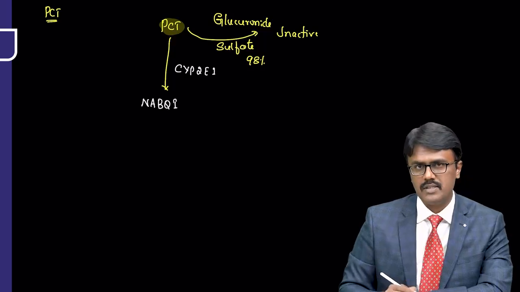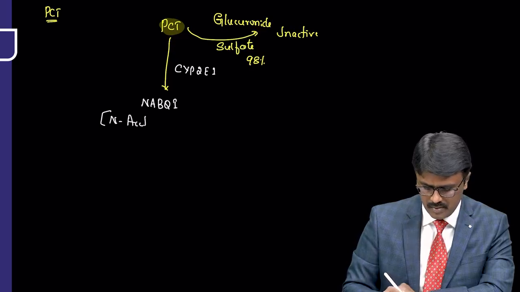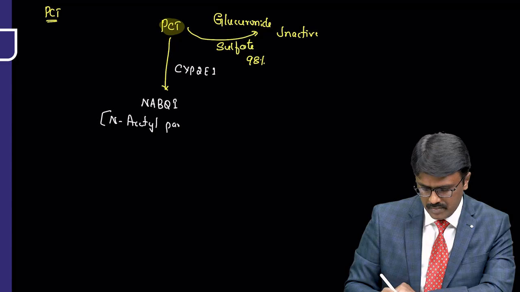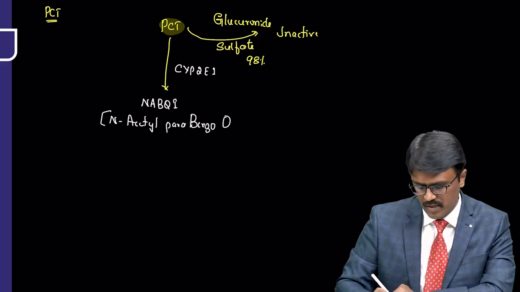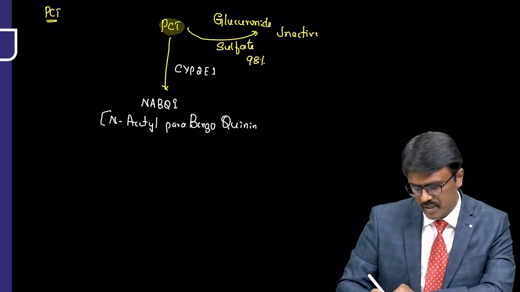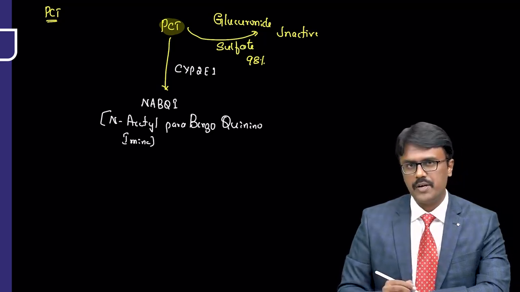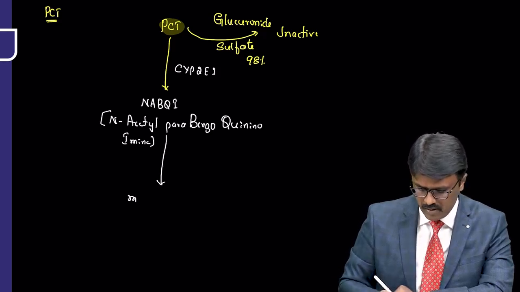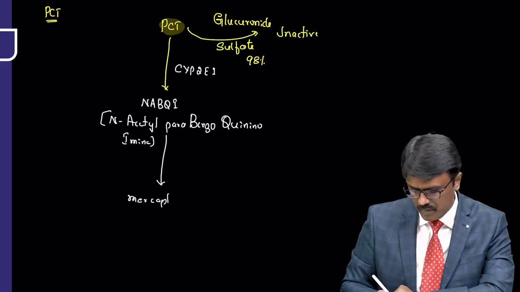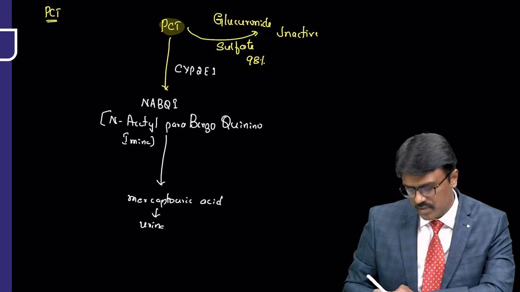So what is the full form of this? The full form is N-acetyl-para-benzo-quinone imine. So that is NABQI. Now from NABQI we get an acid called mercapturic acid, and that will go in the urine.